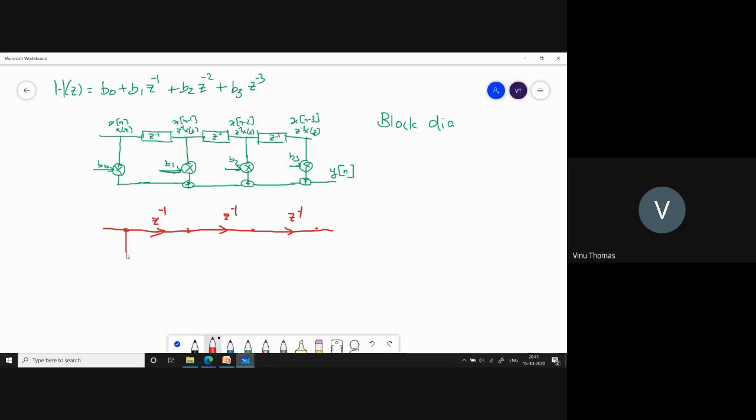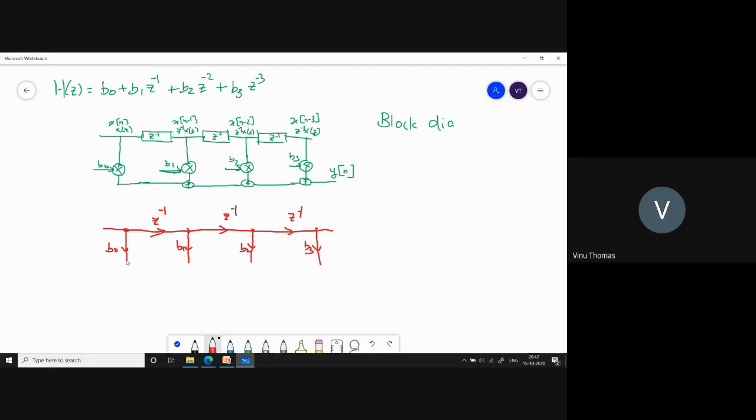And now, instead of multiplying, I will just write b0 here. This will indicate that it's being multiplied by b0. And here I will take a tap and then just write b1 here. Here I will write b2, and here I will write b3.